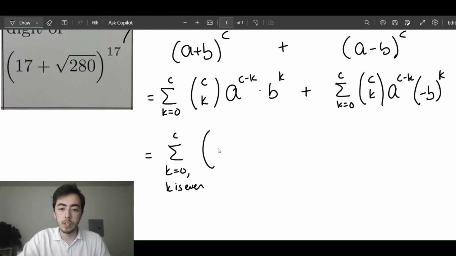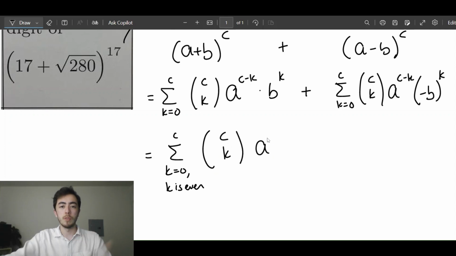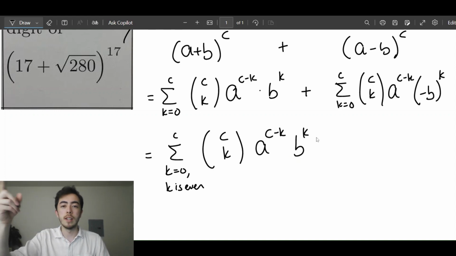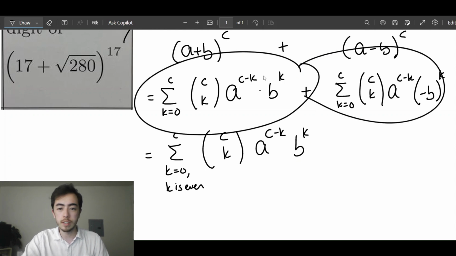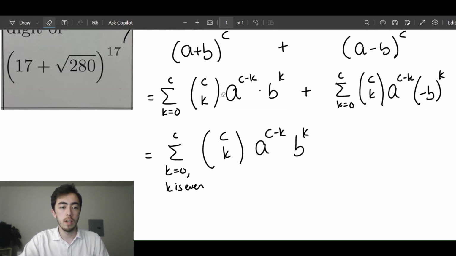We're going to do c choose k. And I'm going to omit the negative sign because, again, I'm assuming that k is even here. And so I'll always create that positive version of b to the k. Oh, and then I said it would add to itself, right? So these sums are going to be identical when k is even. So I will do 2 times, just like that.